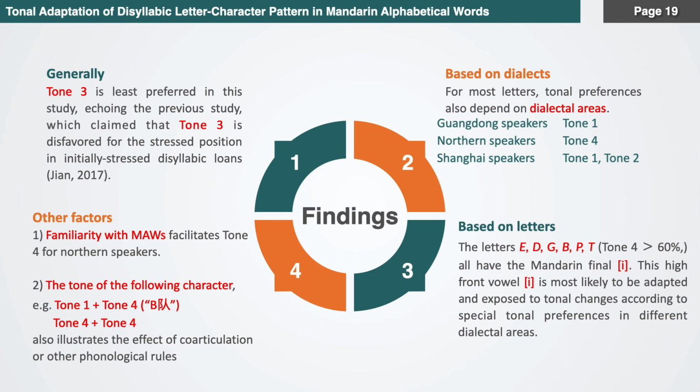But other phonological rules may also contribute to this result. For example, normally a Northern Chinese speaker will pronounce 闭对 as 闭对, but because of the obligatory contour principle, the same tones can't be set together, so they would pronounce it as 闭对 instead.